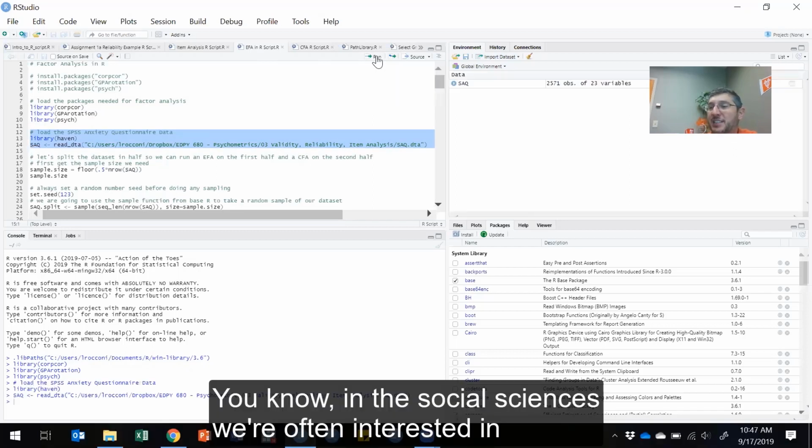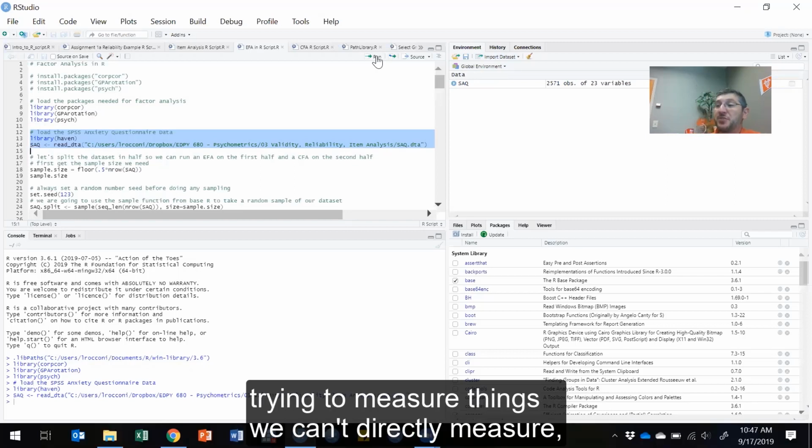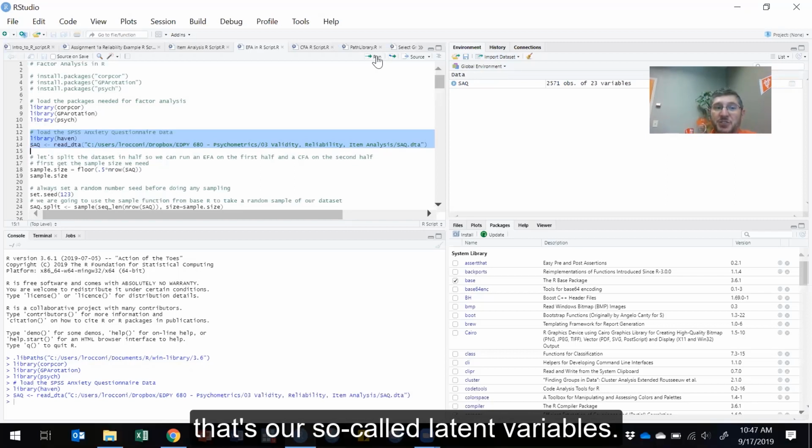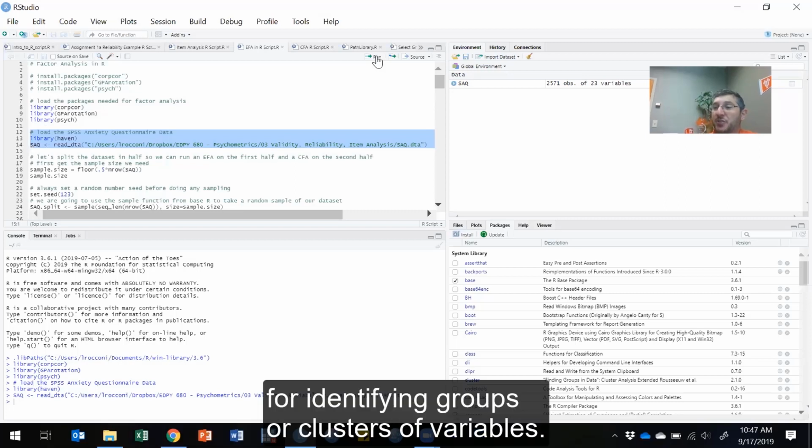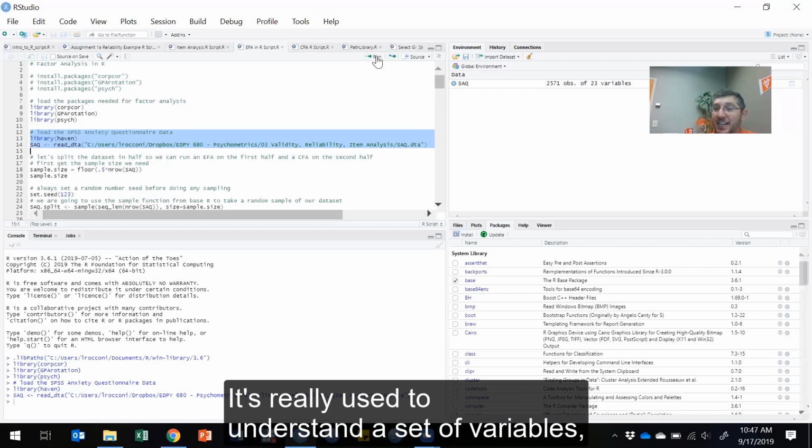In the social sciences, we're often interested in trying to measure things we can't directly measure. Those are so-called latent variables. And factor analysis is a really useful technique we use for identifying groups or clusters of variables. It's really used to understand a set of variables.